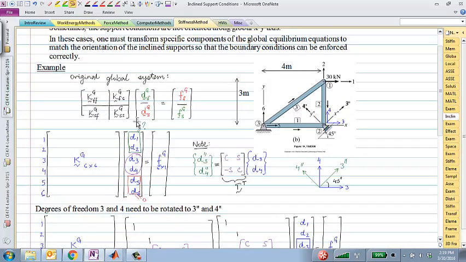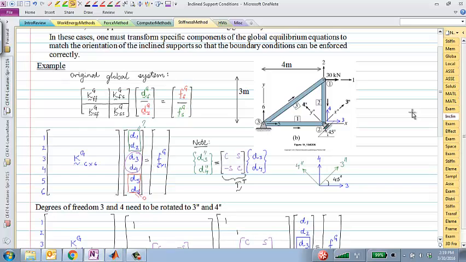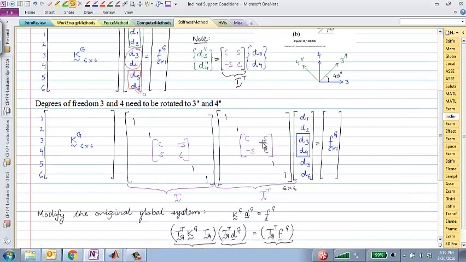That global system represents equilibrium. I cannot change that willy-nilly. But I can change the degrees of freedom by doing some transformations internally within that equation. So by pre-multiplying this with T transpose and pre-multiplying that entire thing by T, I have not changed the global equation, but I have changed the local degrees of freedom.